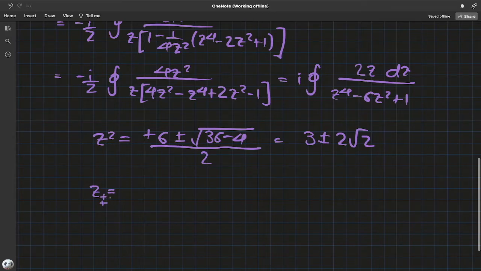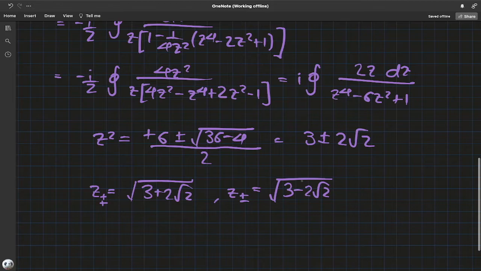So z plus plus is 3 plus 2 square root of 2. Z plus minus is 3 minus 2 square root of 2.